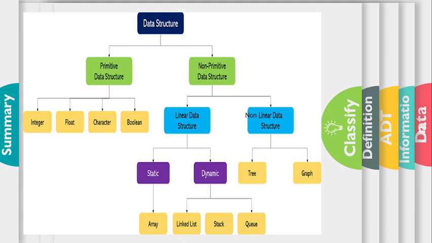In static, an array is used, and in dynamic, linked list, stack, and queue are used. And similarly, in non-linear data structures, tree and graph are contained.